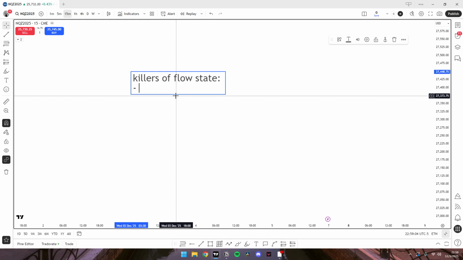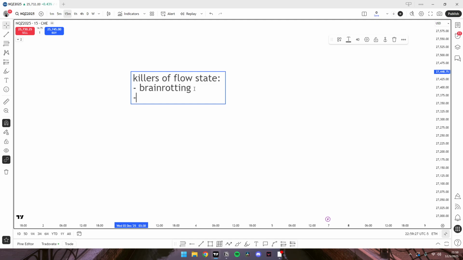So, the first one is brain rotting. You cannot expect to brain rot for a fat juicy minute before you get on the chart and expect to only look at the chart without your brain being hyper fixated on multitasking like an ADHD kid. Brain rotting is a direct killer to flow state.